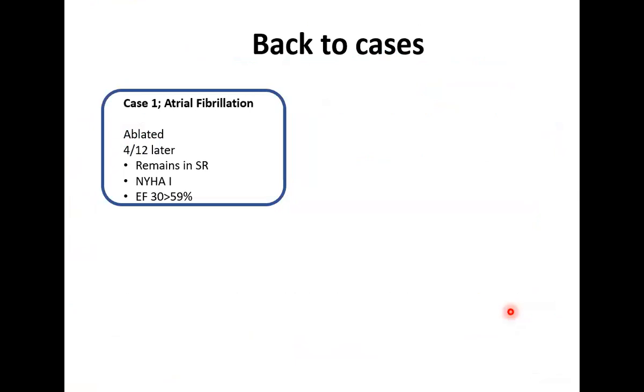So just coming back to our cases as to what really happened, the first patient that I presented had atrial fibrillation. He underwent ablation, and 4 months later, the patient is back in sinus rhythm. He has moved from New York Heart Association functional class 3 to class 1. The ejection fraction has in fact doubled from 30 to about 60%.